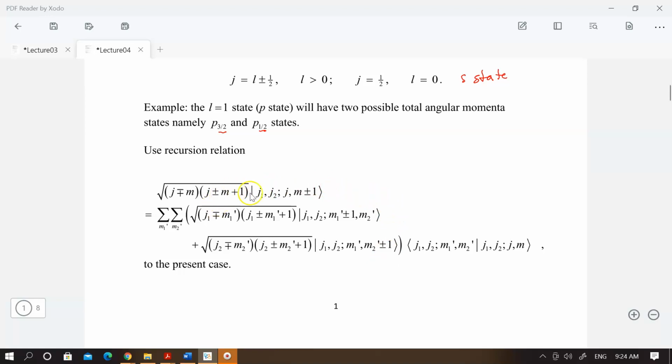So this is stepping up the total angular momentum by 1, or going down by 1, and that amounts to either these two states, m1 plus or minus 1, or m2 plus or minus 1 over here. This is the previous recursion relation, so we have not yet substituted all the conditions above.